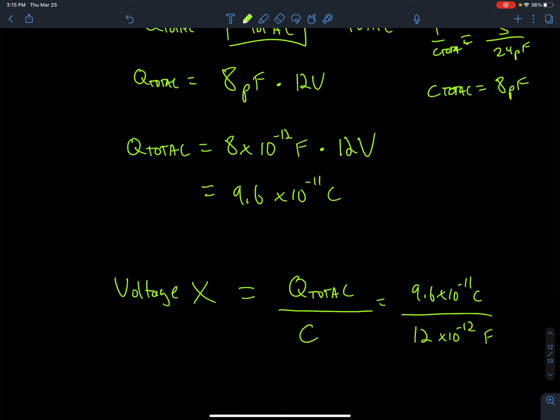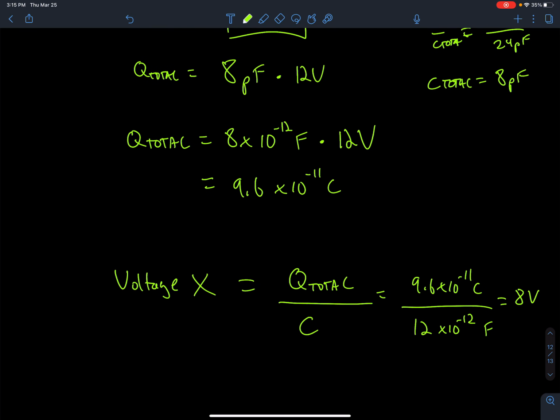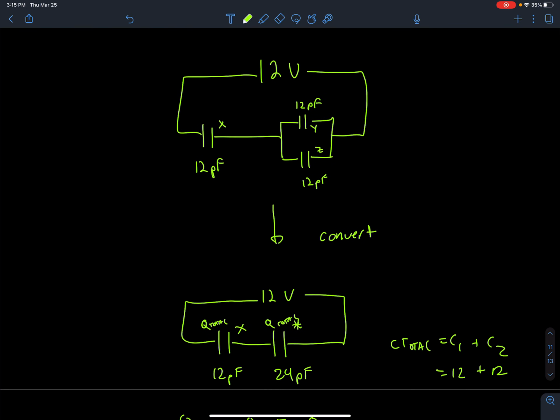Put that in your calculator. Okay, 9.6 EE minus 11 divided by 12 EE minus 12 gives me 8. Okay, so that's 8 volts.